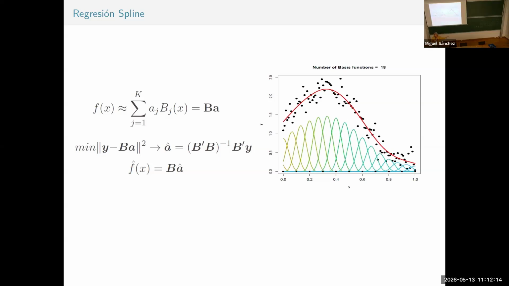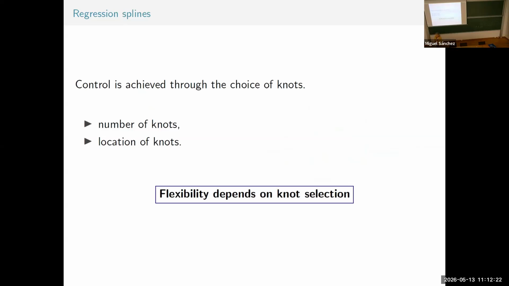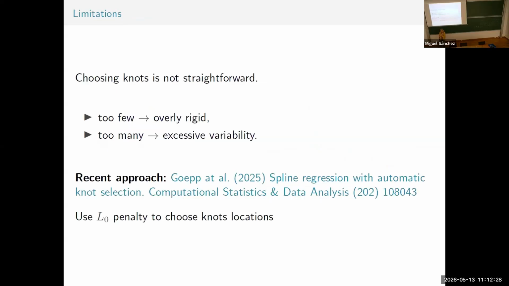I'm going to go through the penalty bit, because I want to show you that penalties can do a lot of things for you, okay? Flexibility depends on the location and position of the knots. I want to point out this paper, Spline Regression with Automatic Knot Selection. It's a beautiful paper in which knot selection becomes a penalized regression problem.